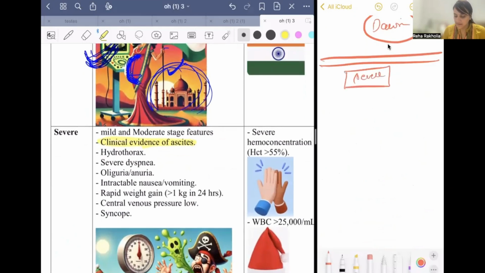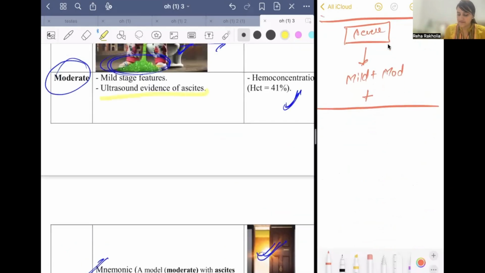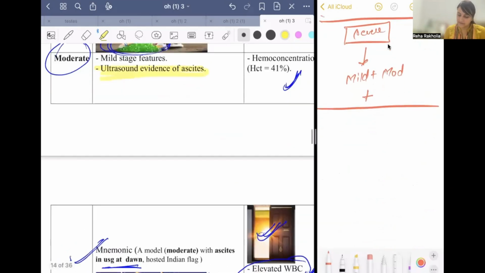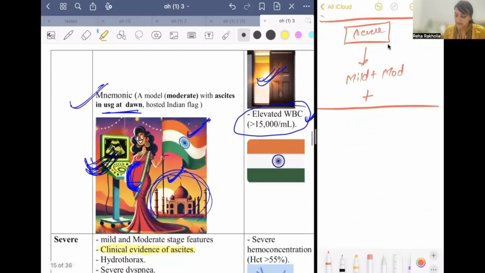See, in severe, there is mild plus moderate features, plus. In moderate, there was ultrasound evidence of ascites. As we can see by the picture mnemonic also, there was ultrasound evidence of ascites.